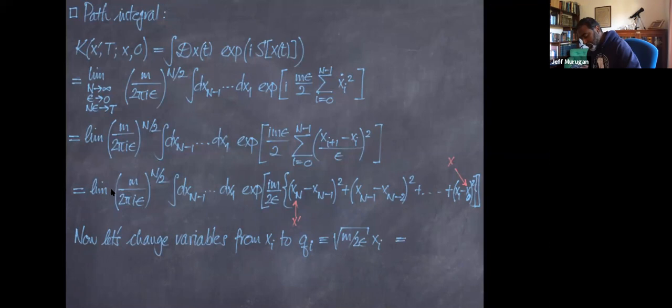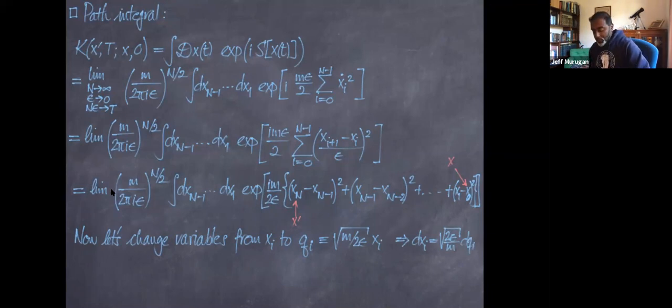So from here, I get that each of the x_i integration measure variables, dx_i, is the square root of 2 epsilon over m times dq_i.